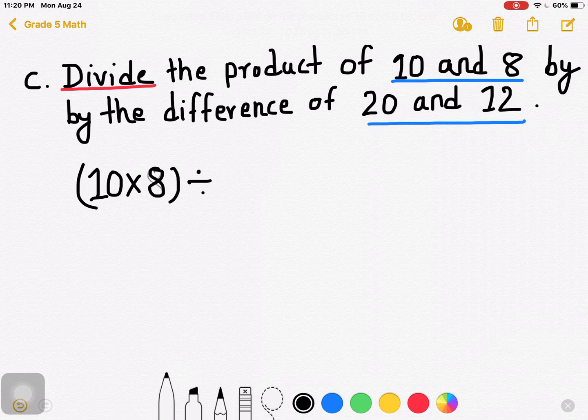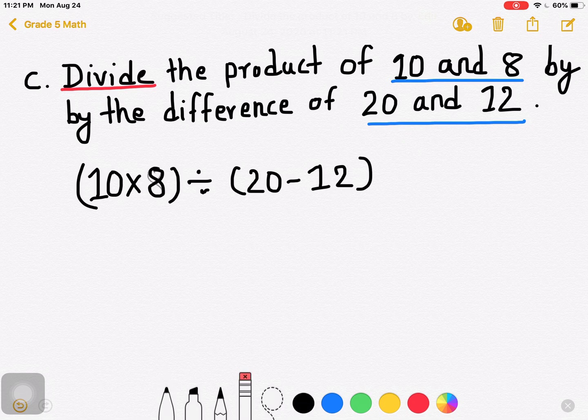We have to divide it by which number? The difference of 20 and 12, that is 20 minus 12. We made the problem now.